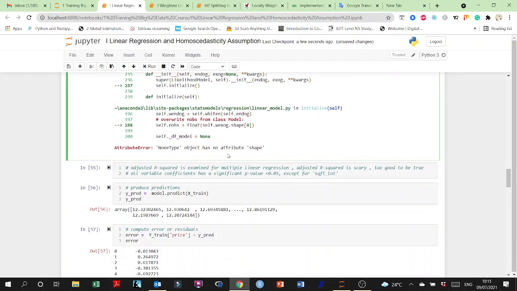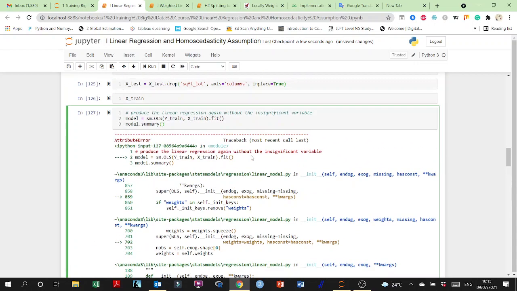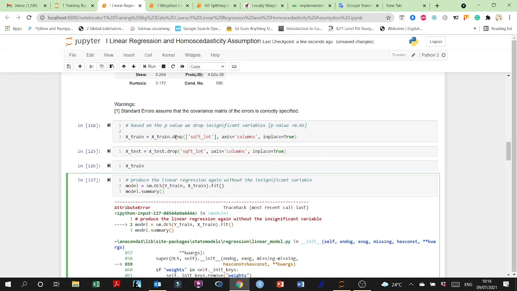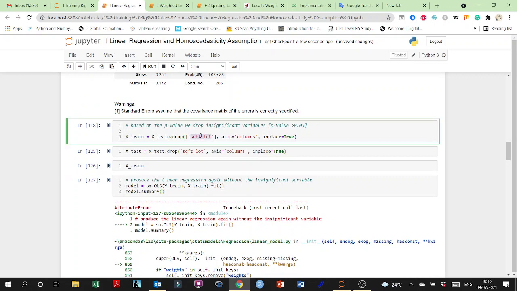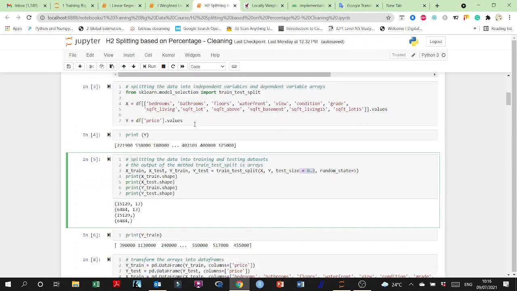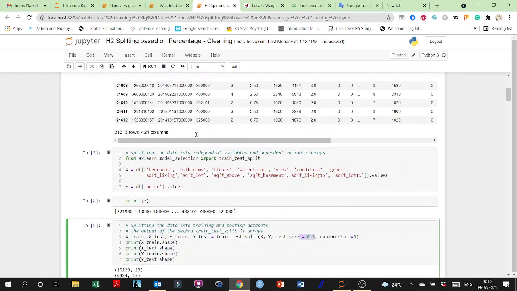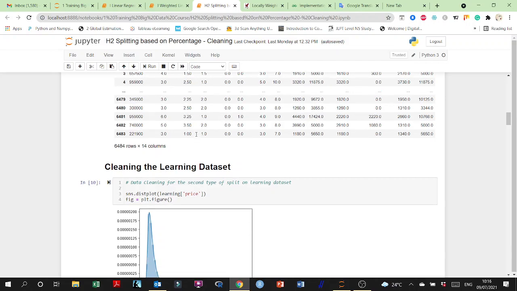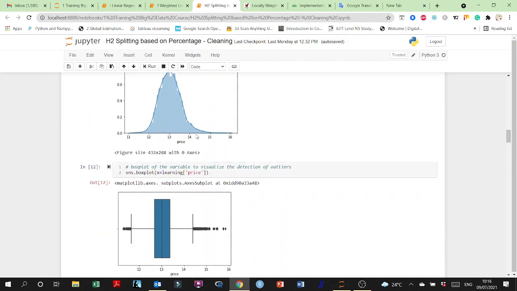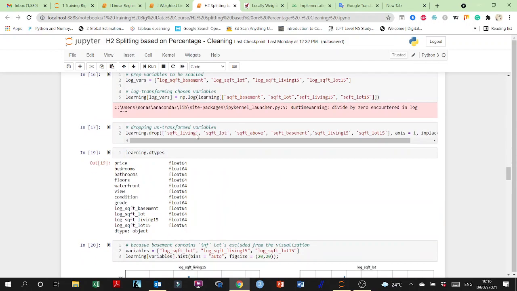Why do I have a problem? I think something happened when I dropped the variable. Let me review the code from when we dropped variables.